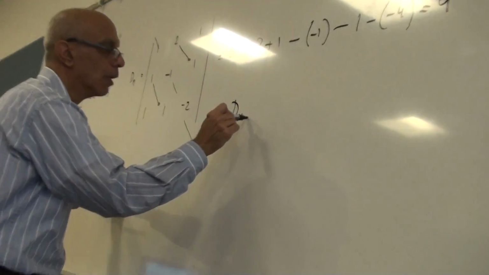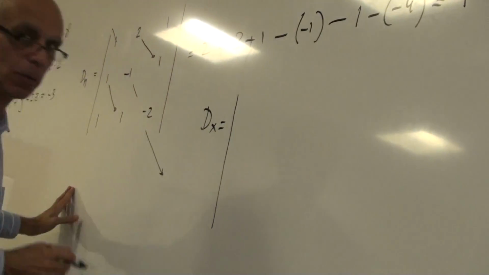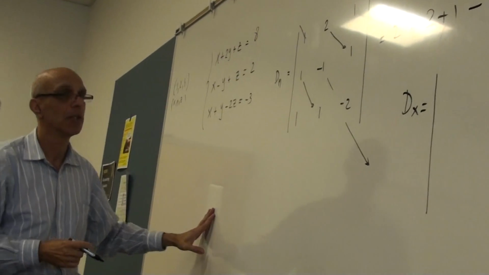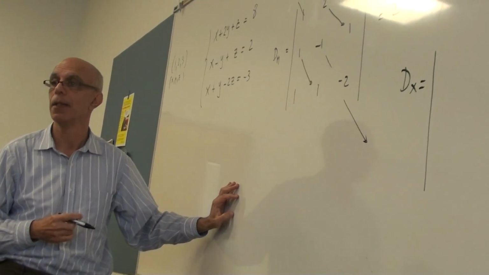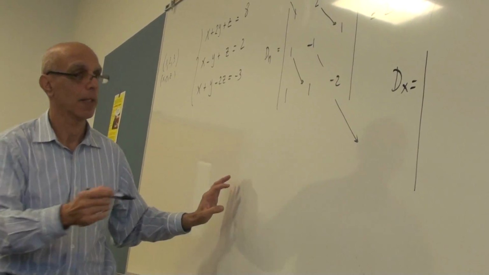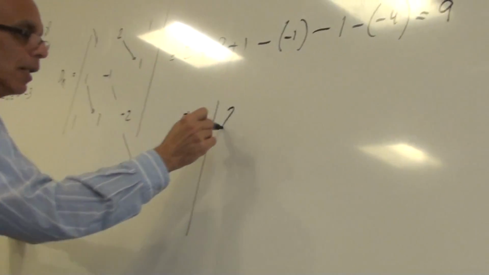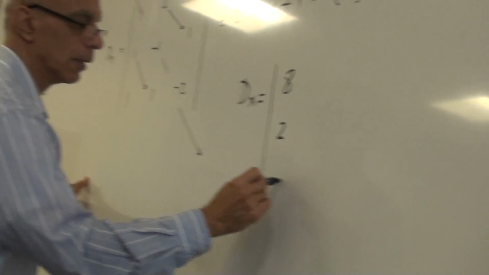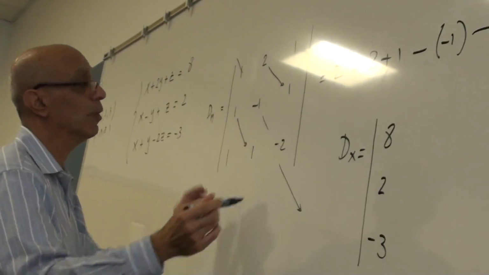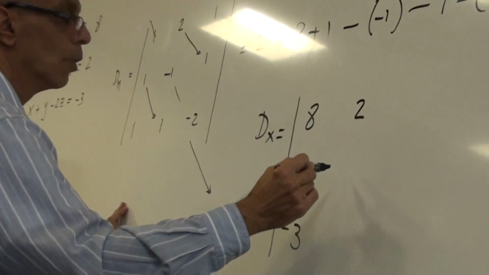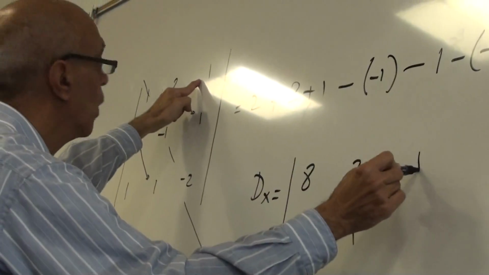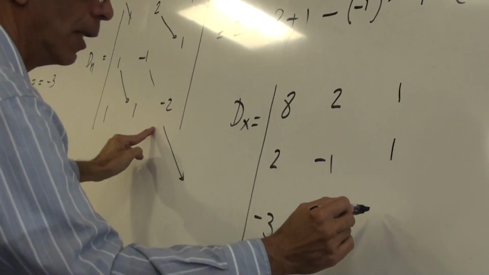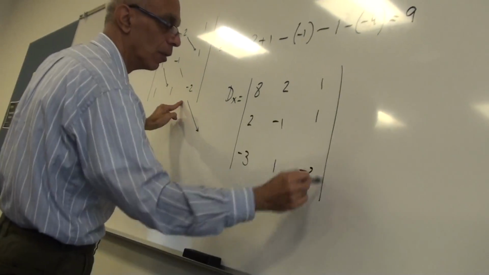Let's build the matrix dx. So tell me, what do you guys think, how is the dx matrix going to look like? So the first column is going to be 8, 2, and negative 3. Excellent. And then the rest I just repeat, right? 2, negative 1, and 1. And here I have 1, 1, and negative 2. Beautiful.